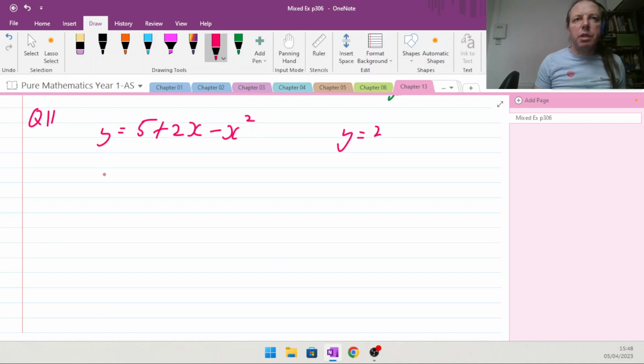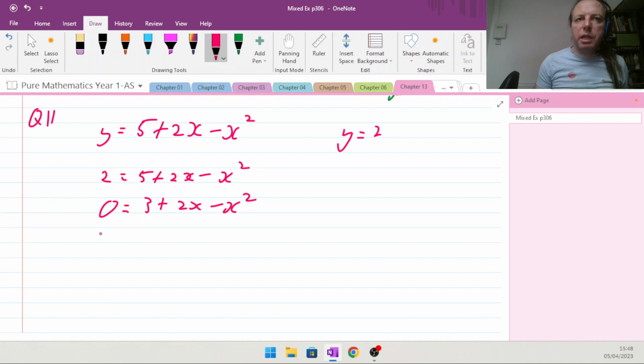So what we're doing is looking at when this is equal to 2: 2 is equal to 5 plus 2x minus x squared, meaning that 0 is equal to 5 take away 2, plus 2x minus x squared. So into the polynomial solver, I'm just going to swap all the signs around to give us x squared minus 2x minus 3.